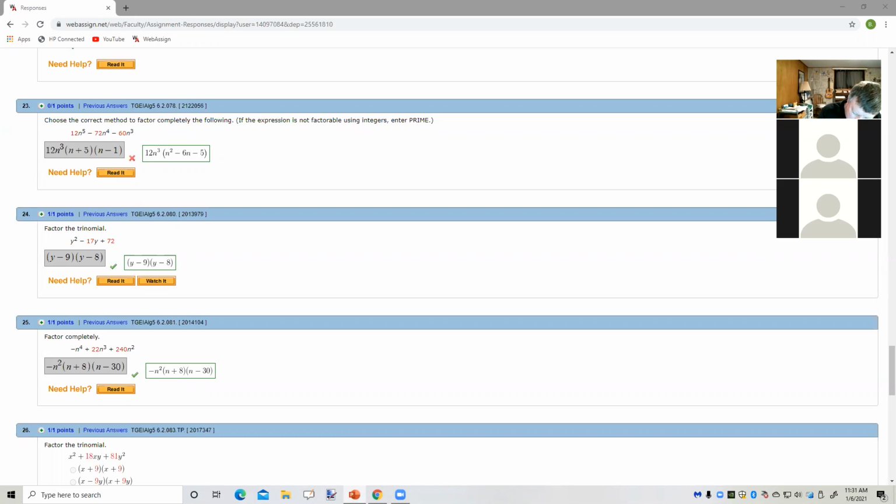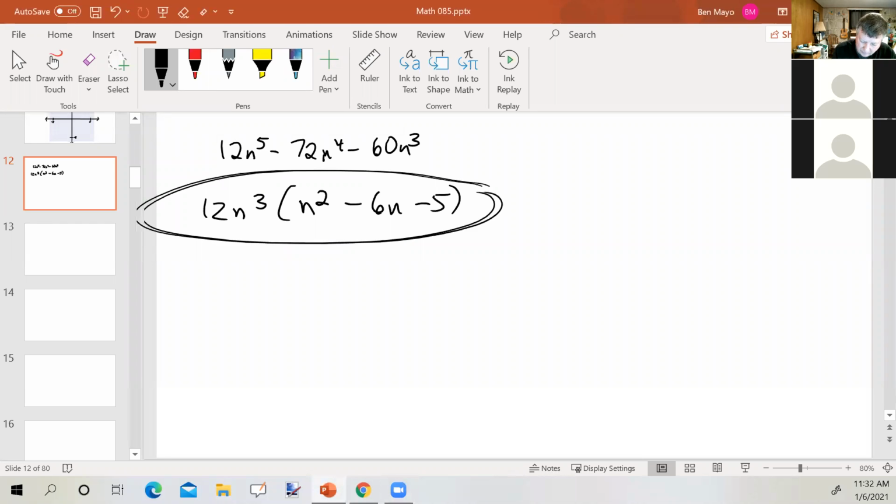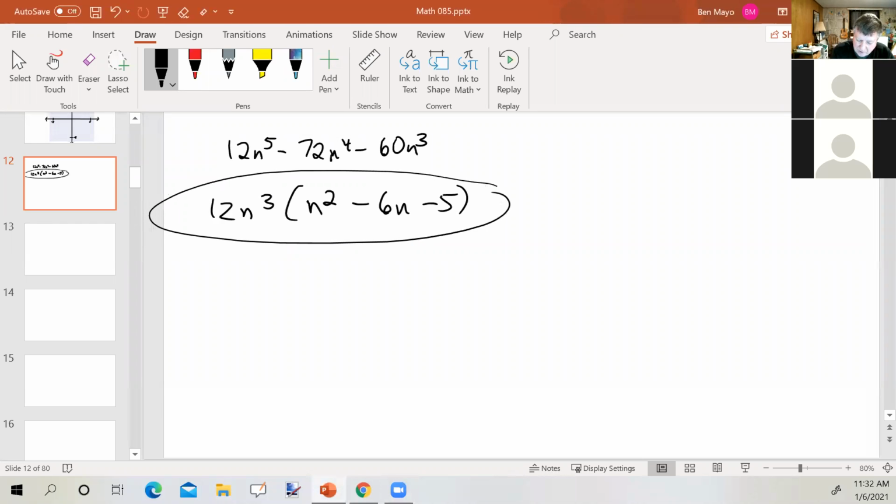Give me just a second here to get things written orderly. So now we're going to go back here, and we've got this so far. All right, now let's take a look at what's in the parentheses. N squared minus 6n minus 5. It's in descending powers. It has a leading coefficient of 1.